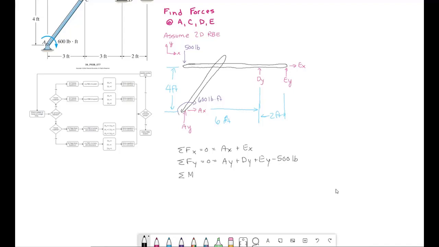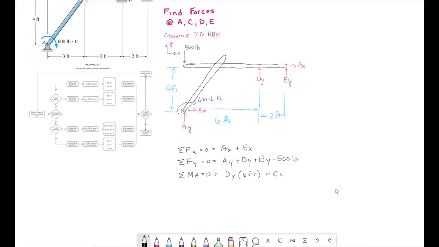If I sum moments about A, we get nothing from AX or AY. We get nothing from the 500 pounds, that comes right through A. So we're going to do positive DY times 6 feet. That's going to give us that counterclockwise rotation.